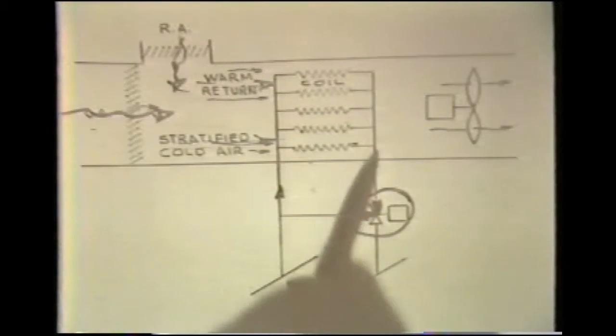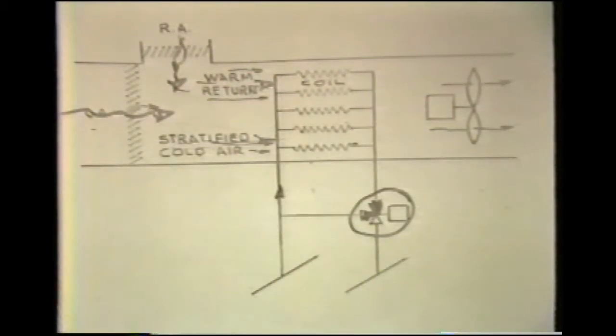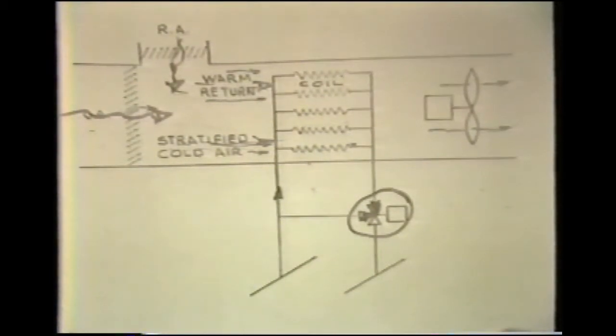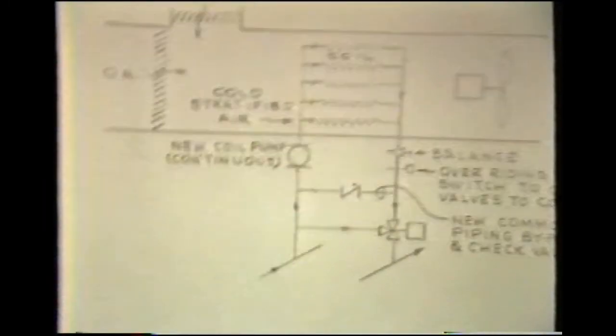But, on the other hand, if we do maintain a constant flow through the coil, the potential for freeze-up is very, very much reduced. So let's take that same system then and illustrate the very simple modifications that are used for coil freeze-up protection on systems of this type.